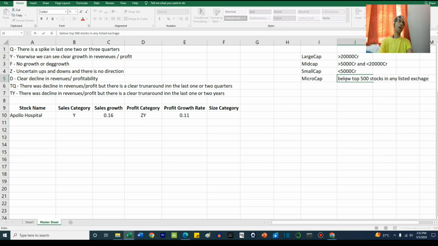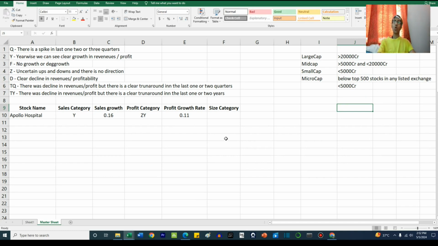That is one part of the definition. Then the second part overlaps with the small cap definition, which means this is less than 5,000 crore. So a part of the definition overlaps with the small cap, but another definition that goes along with the small cap definition is that it is a small cap stock which lies below the top 500 stocks in any listed exchange. Right?